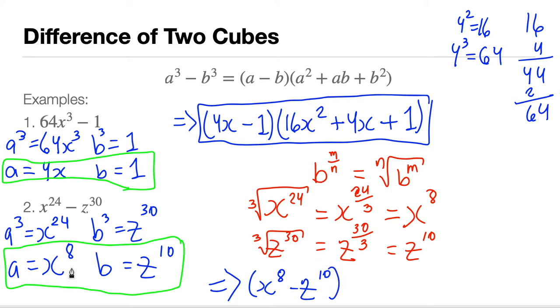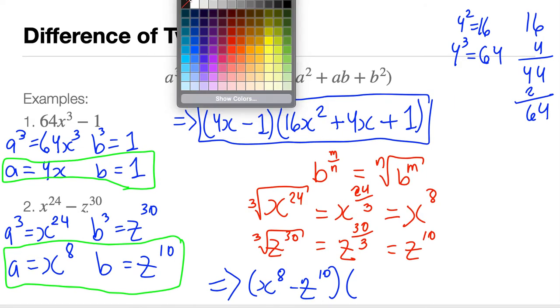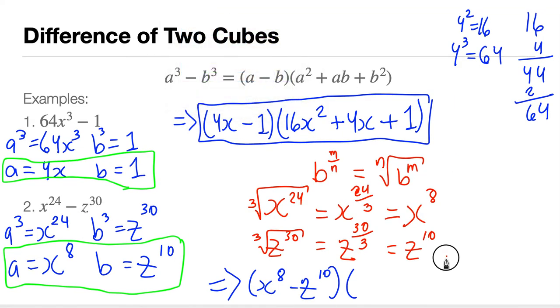And then we're going to square this term, x to the 8. How do we square x raised to 8? We're going to use another law of exponents, the power of a power. So this is x raised to 8, and we are going to square that.